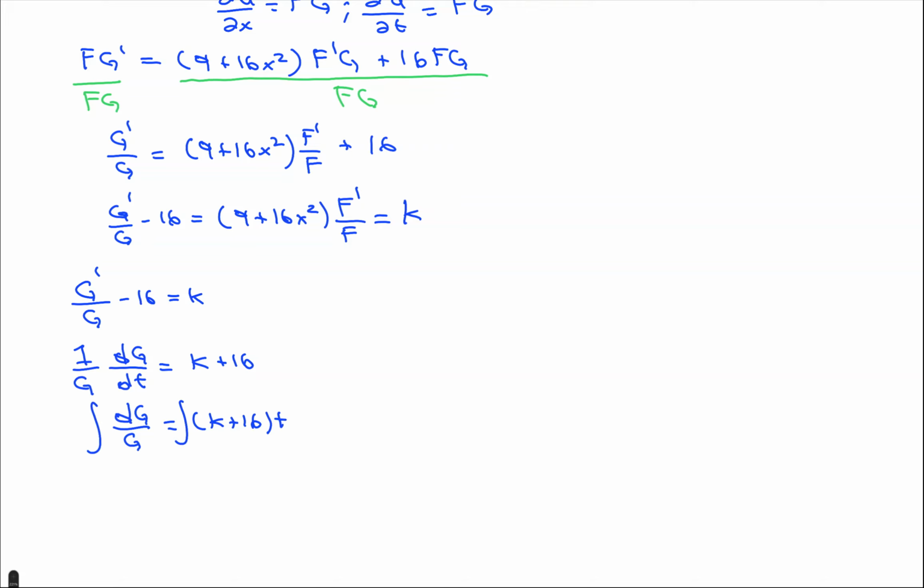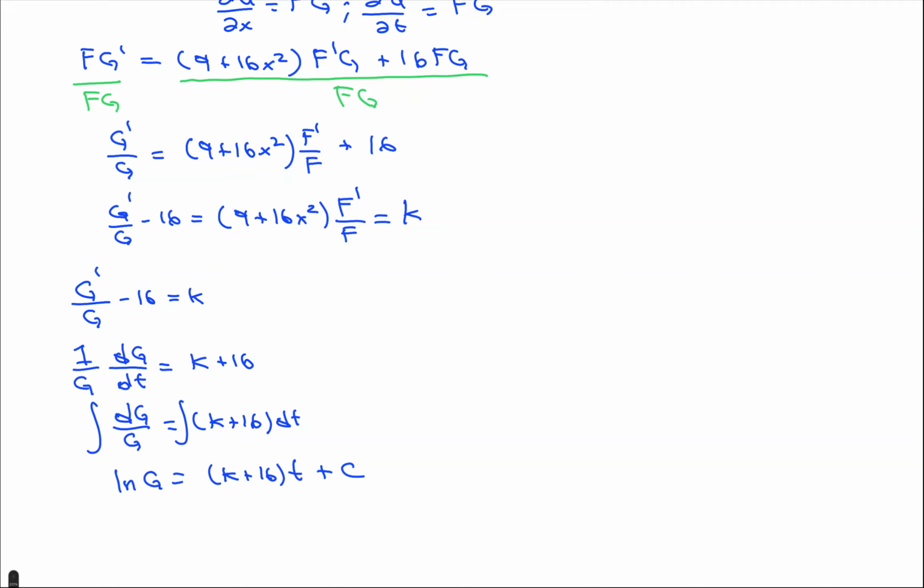Integrating both sides, that's going to leave us with ln of g equals k plus 16 t plus some constant of integration. Here, k plus 16 is just a constant. The integral of a constant is a constant times the variable we're integrating with respect to.